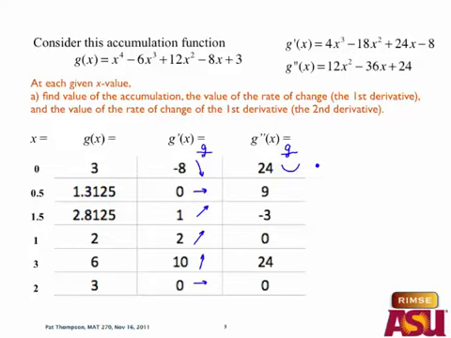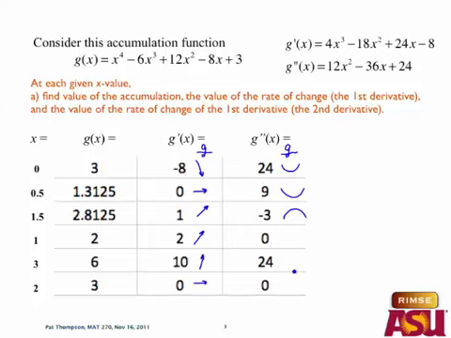The rate is becoming less negative or more positive, so the graph turns counterclockwise. Same thing with this: a positive second derivative means an increasing first derivative, which means concave up. All right, -3 means the rate of change is decreasing, so g is concave down.